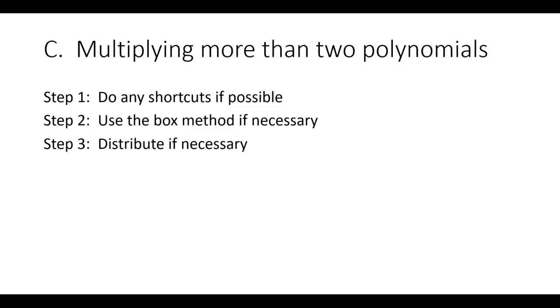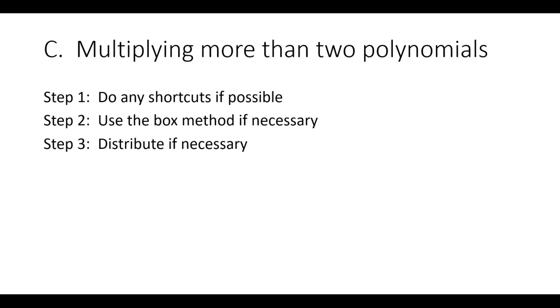You will notice that each one of these steps has a statement at the end, if possible, if necessary, which means you may not have to do every step every time. It just depends. But if you do, this is the order I would recommend going in. It's not that you would be wrong if you did it a different way. I just find that this makes things faster and less prone to error if you go in these steps here.